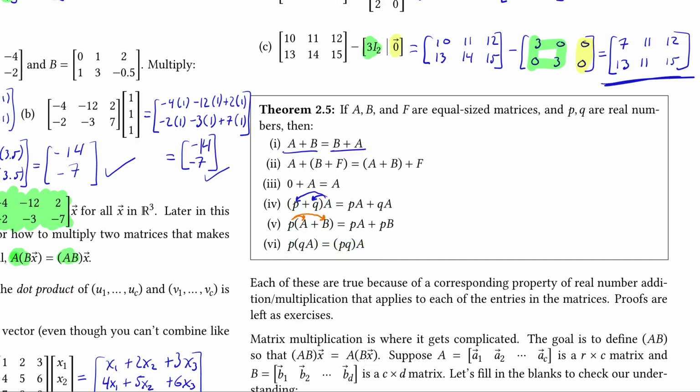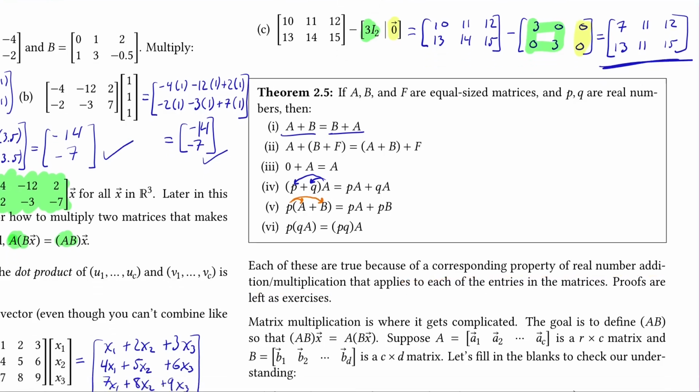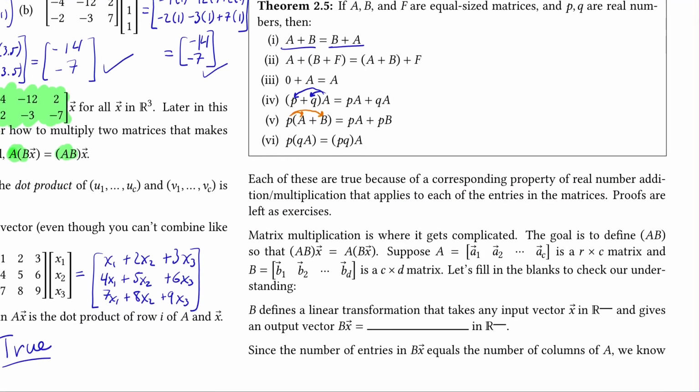And there was a theorem in section 1.3 that basically said all these things with vectors. And the proofs work the same way. They're true because there's a corresponding property of real number addition and multiplication that applies to each of the entries. So yeah, you can prove a couple of those for homework.